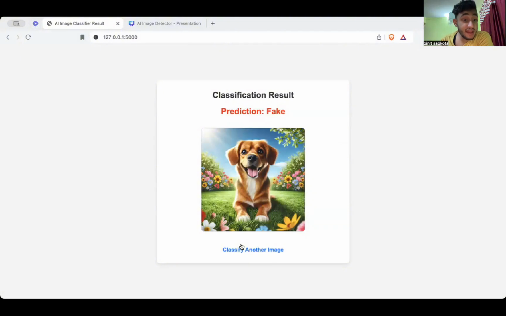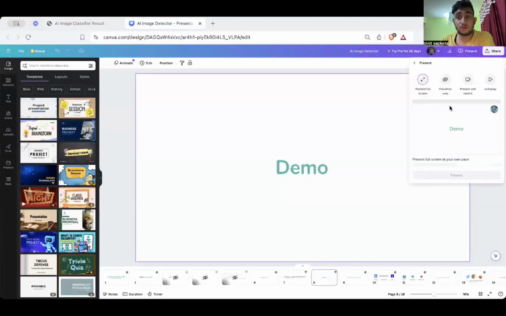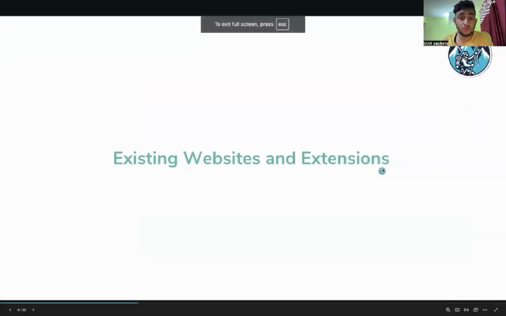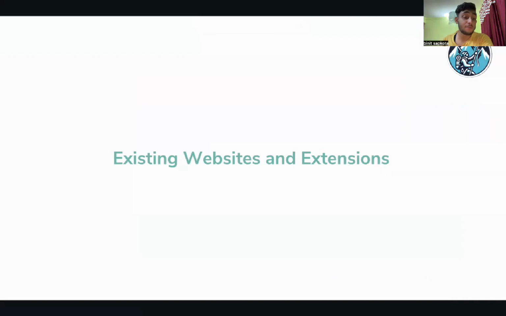But our main idea is to develop an extension which we can use in our browser. For example, when I'm using Instagram or Facebook, I can install an extension which will tell me whether the image is AI generated or not.